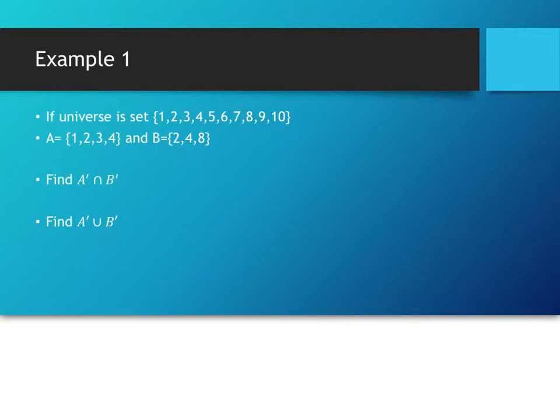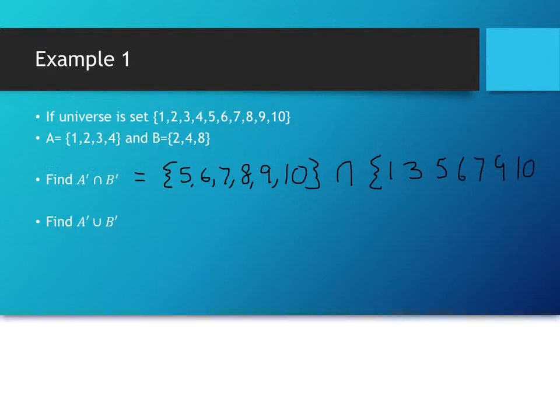So take the complement of A, that is 5, 6, 7, 8, 9, and 10. And I want to intersect that with the complement of B. So the complement of B is 1, 3, 5, 6, 7, 9, 10.